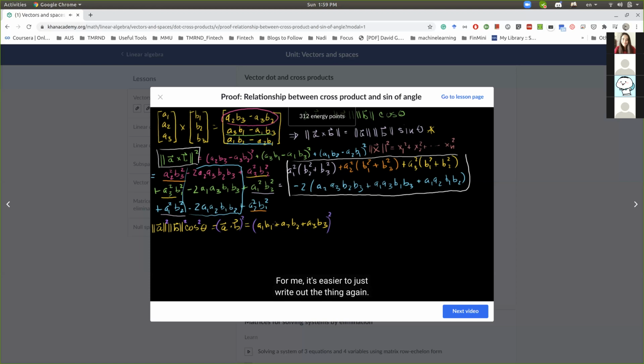So what's this whole thing squared? For me, it's easier to just write out the thing again. Instead of writing a square, just multiply that times a1 b1 plus a2 b2 plus a3 b3, and let's do some polynomial multiplication. First, let's multiply this guy times each of those guys. So you have a1 b1 times a1 b1.